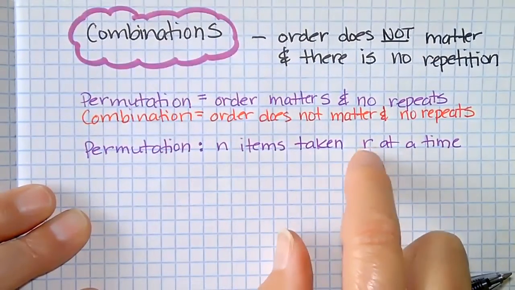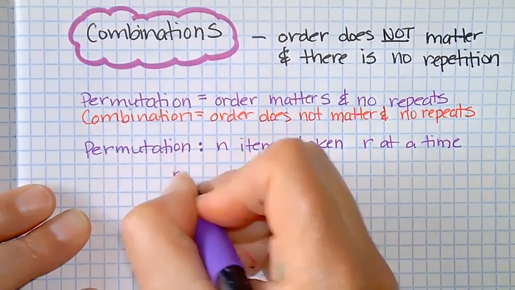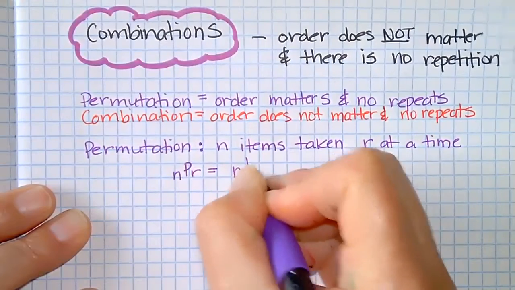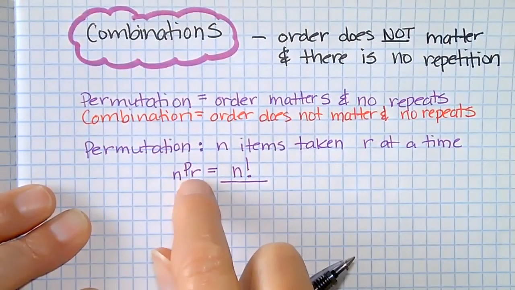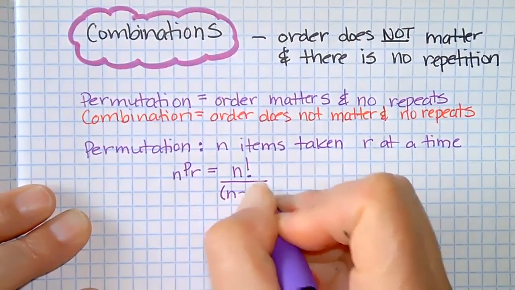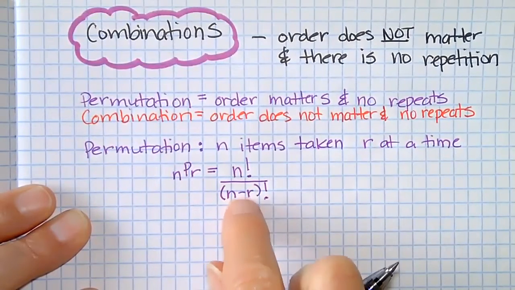So we're going to get r of them and put them in order. And the formula for that is nPr is equal to n factorial over, so remember, we are choosing r of them. We do not care about the ones we're not picking. That's n minus r factorial. Those are the ones that we are taking that are not going to be chosen.